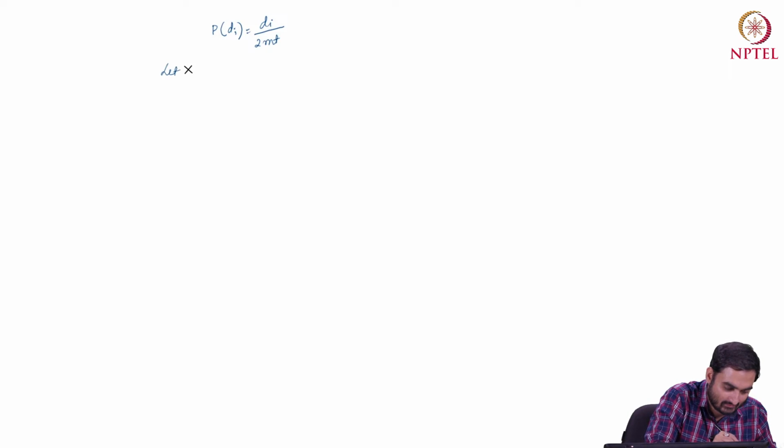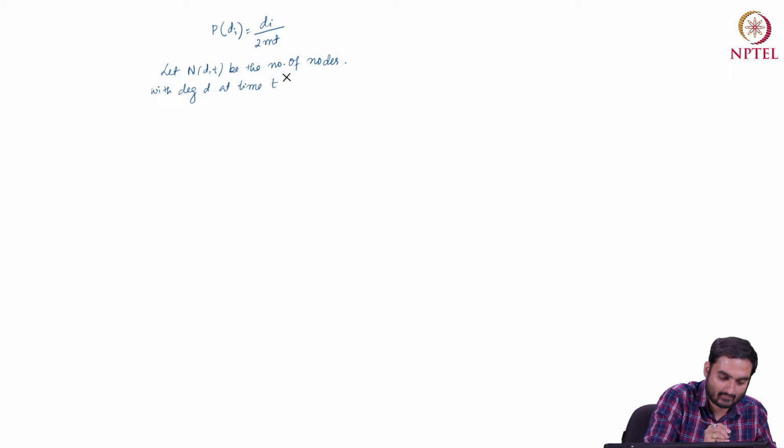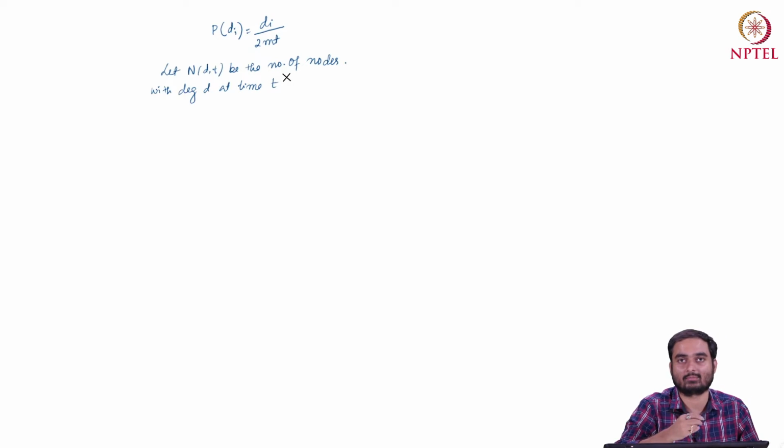Let n(d,t) be the number of nodes with degree d at time t. I hope you remember the Barabasi-Albert model and the mechanism that it follows.